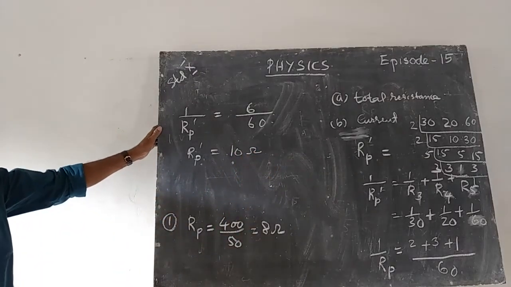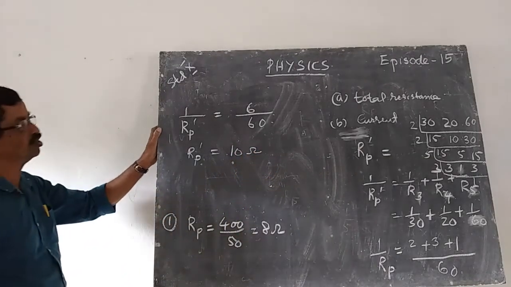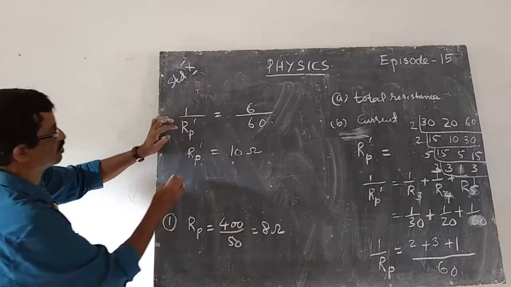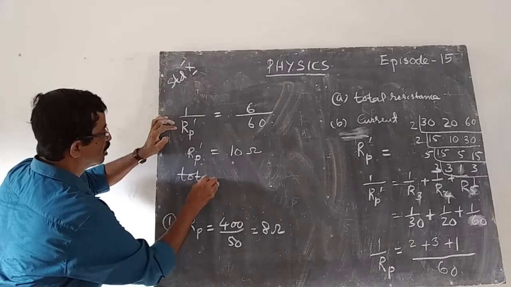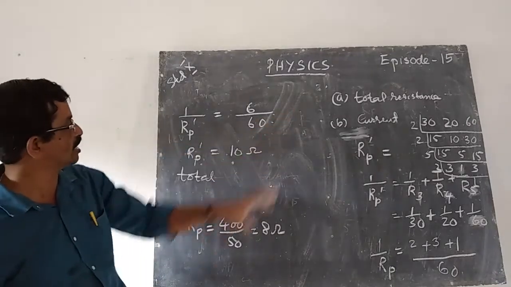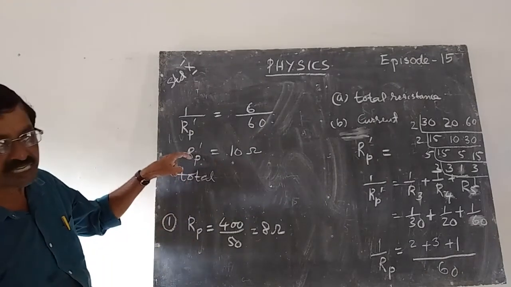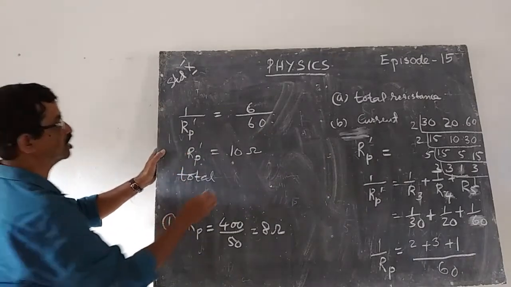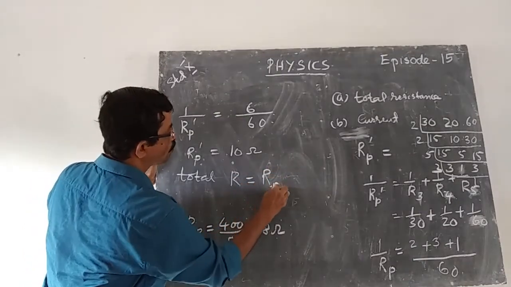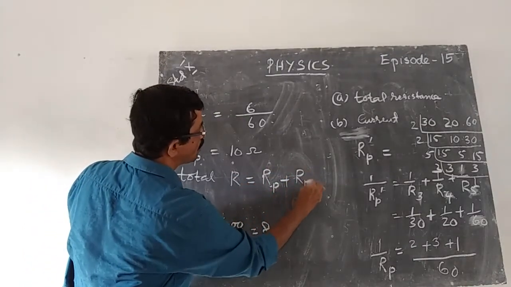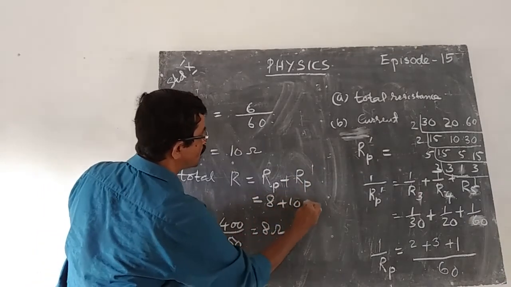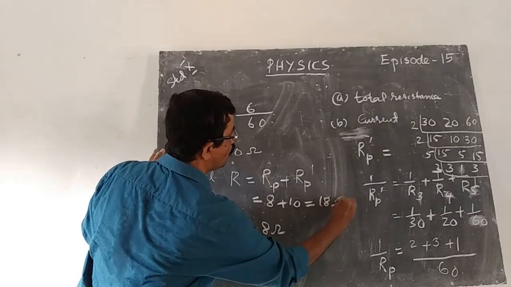Now, total resistance in the circuit is Rp plus Rp dash. That means now these two are in series. So total resistance R is equal to Rp plus Rp dash, that is 8 plus 10, that is equal to 18 ohm.